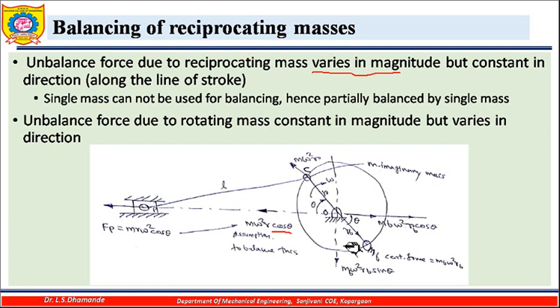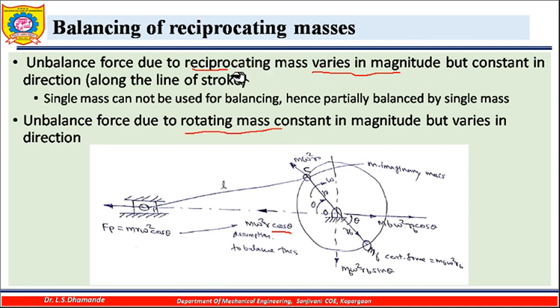So the unbalanced force due to rotating mass is constant in magnitude but varies in direction. That is what we have understood from this. There is a basic difference between the rotating mass and the reciprocating mass.